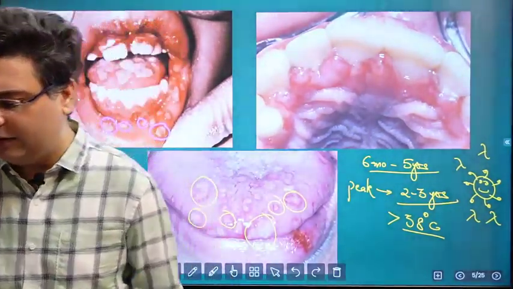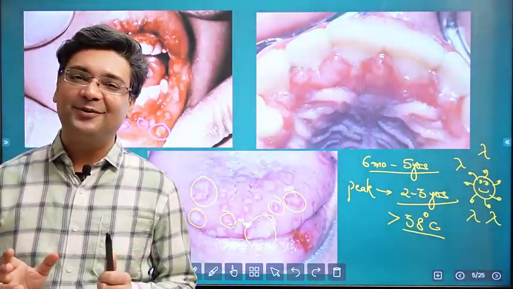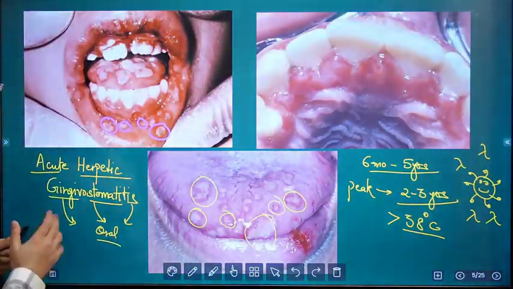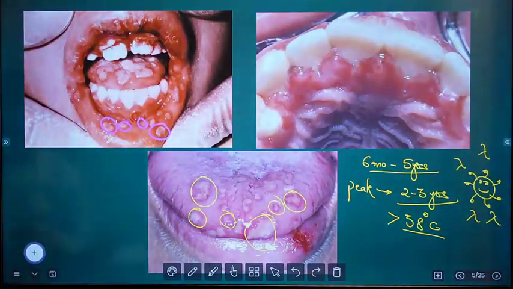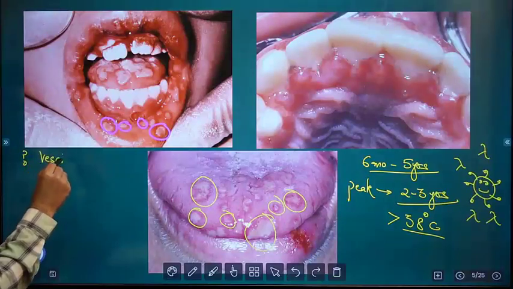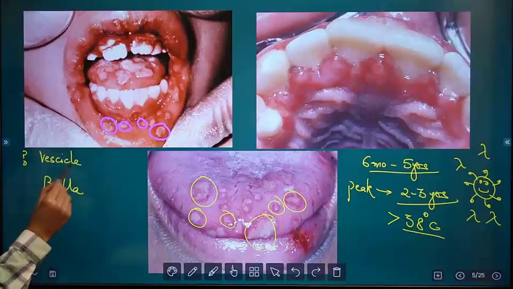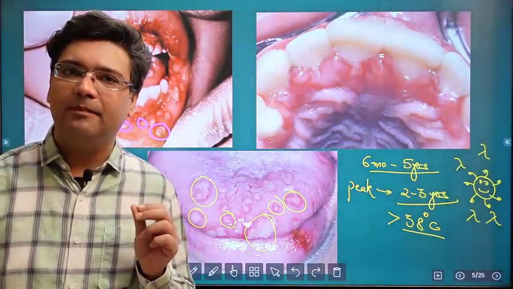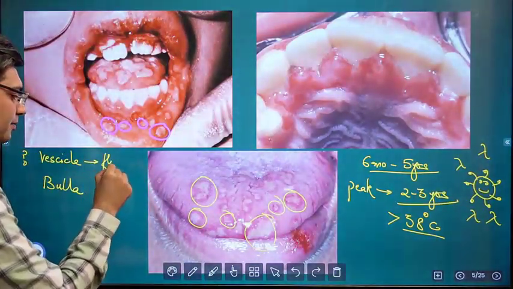of the HSV1 infection. Now, from an oral medicine point of view, I would like you to differentiate between a vesicle and a bulla. So now the question arises, what is a vesicle and what is a bulla? Simply put, both are the same. Both are fluid filled areas.